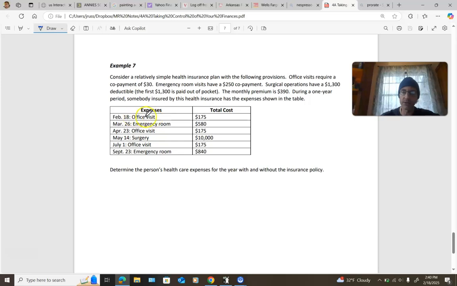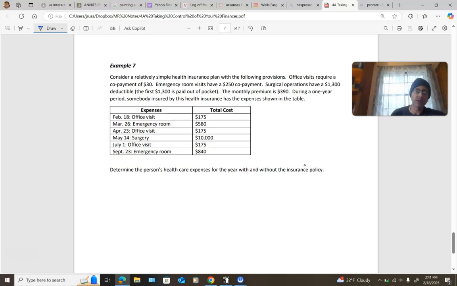Okay, so they have a general office visit, and the total cost, this is what it would be without insurance, is $175. And then they have an emergency room visit for $580. They have another office visit. They have surgery for $10,000, another office visit, and then another emergency room visit for $840. So it says determine the person's healthcare expenses for the year with and without the insurance policy.